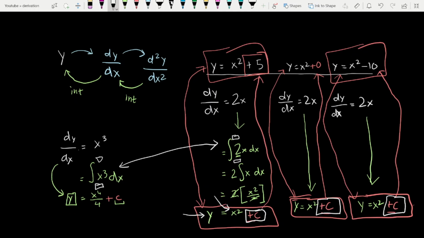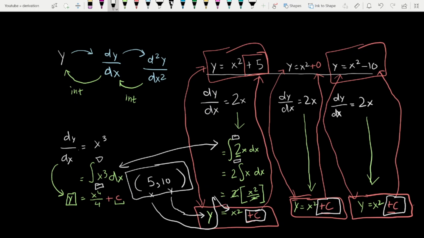So ideally, they'll give you a point like this. Let's say that point is 5, 10. That point has an x value and a y value. You go ahead, chuck the y value in here, chuck the x value in here, and find out what that plus c is. Now this is just some random point I assumed.